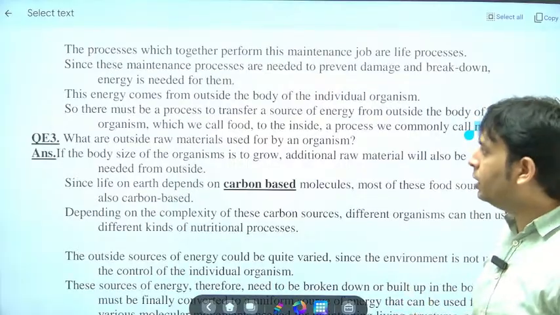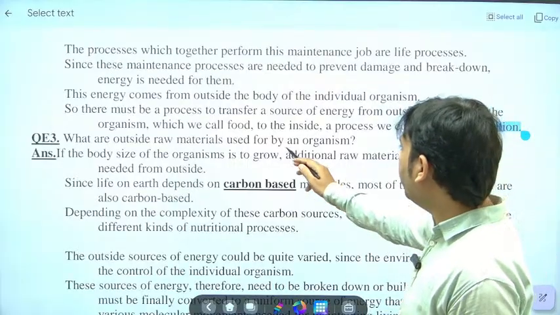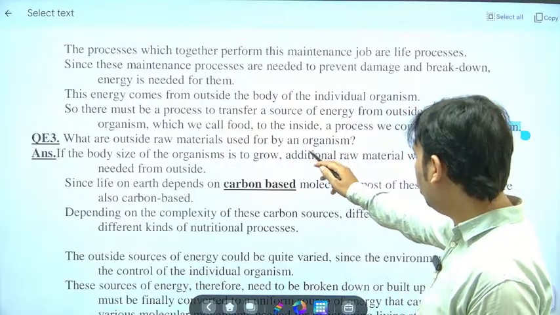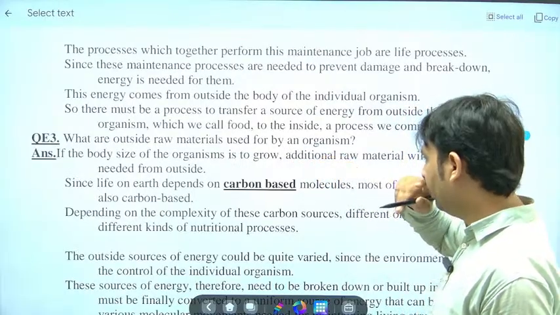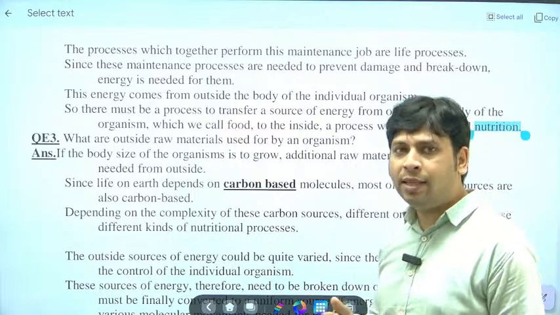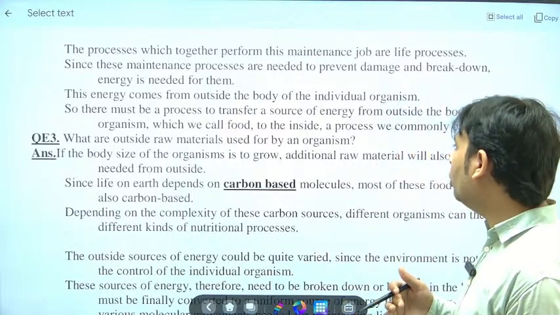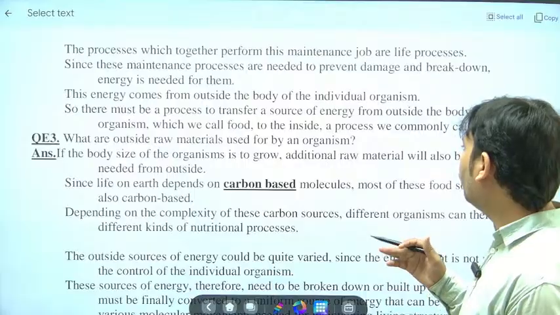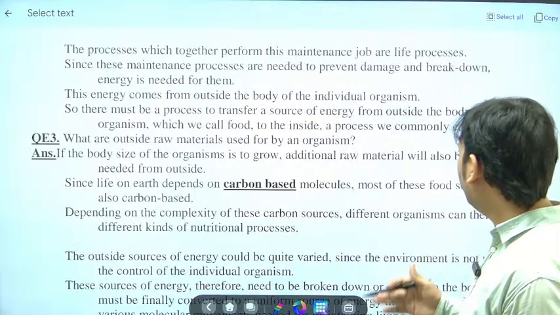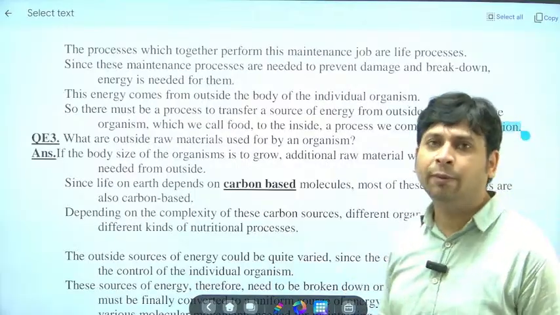Now the next question is, what outside raw material is used by an organism? The answer is, as the body size of the organism grows, additional raw material will also be needed from outside.